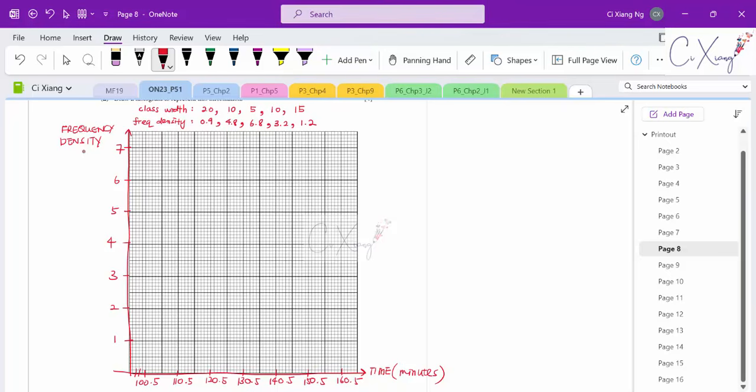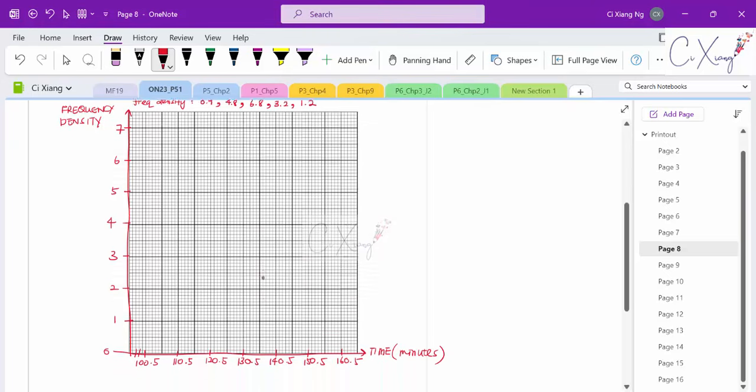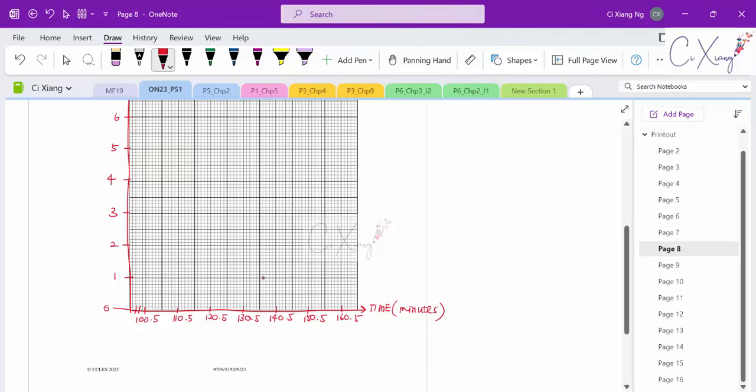Right, so to sketch, the first class is 100.5 to 120.5 with the frequency density 0.9. So 0.9 should be somewhere here, until 120.5. My drawing might not be so accurate, so make sure that when you draw it, please draw it nicely, okay?